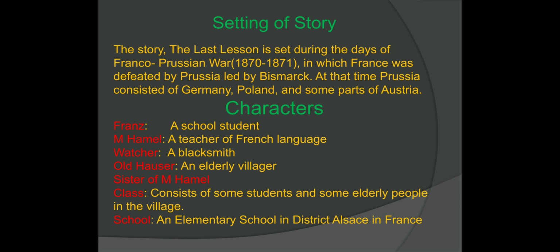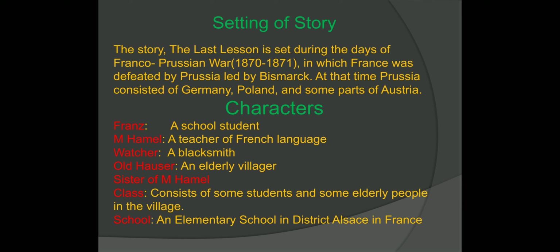So, after knowing about the author, we need to start with the story, and before starting, we need to know the setting of the story, a little bit about the background. The story, The Last Lesson, is set during the days of the Franco-Prussian War, 1870 to 1871, in which France was defeated by Prussia, led by Bismarck.